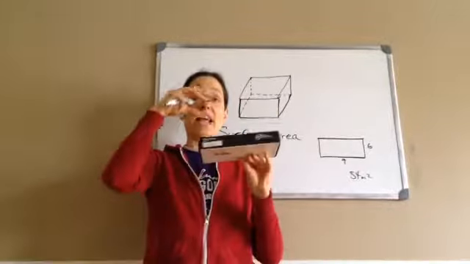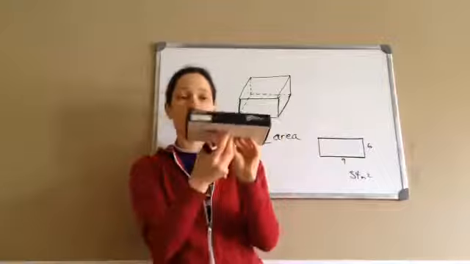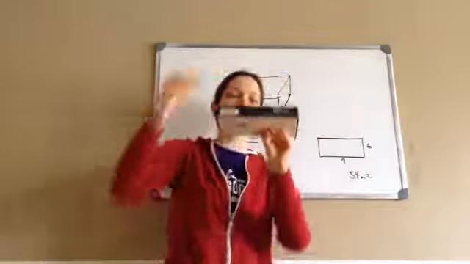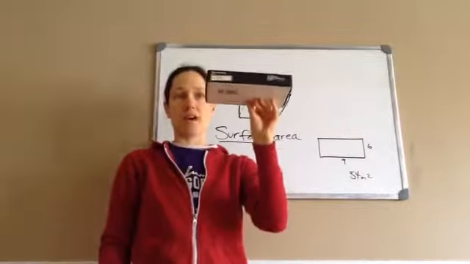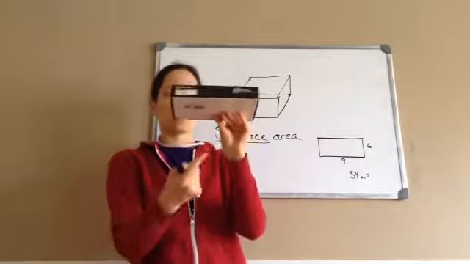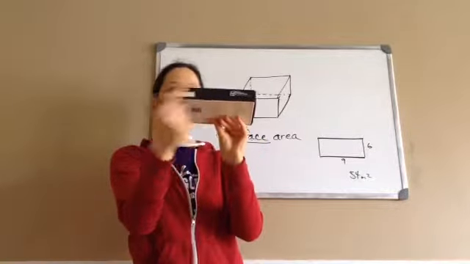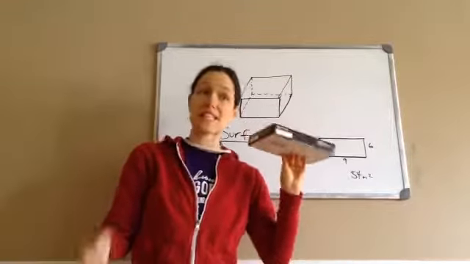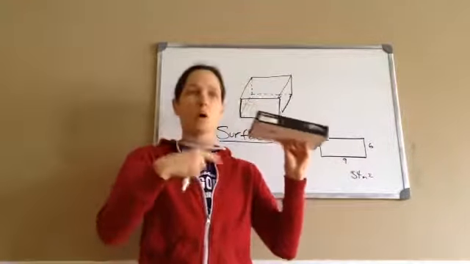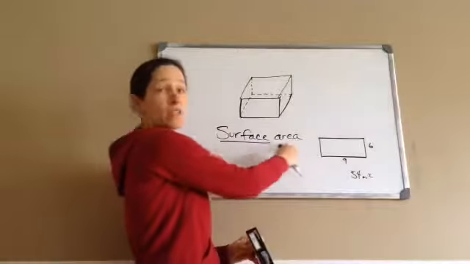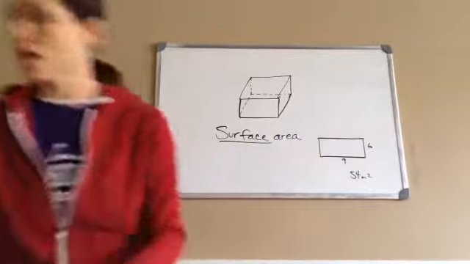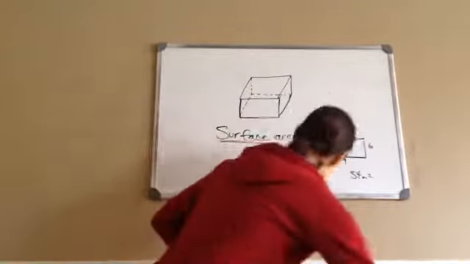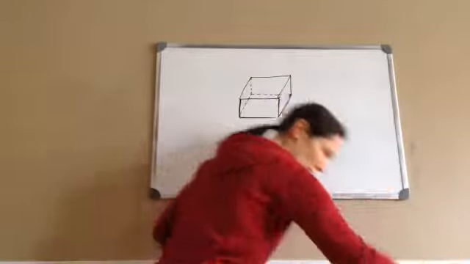We're finding the area of every surface. Okay? So how many surfaces does this have? 1, 2, 3, 4, 5, 6. So we're going to be finding 6 areas and then adding them all up, which gives you the surface area. Got it?